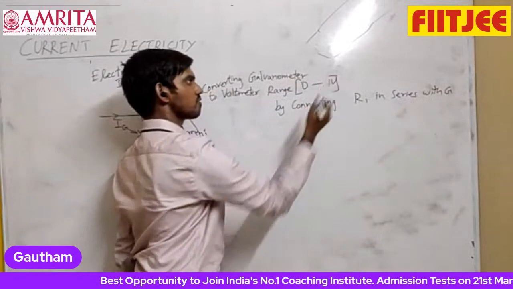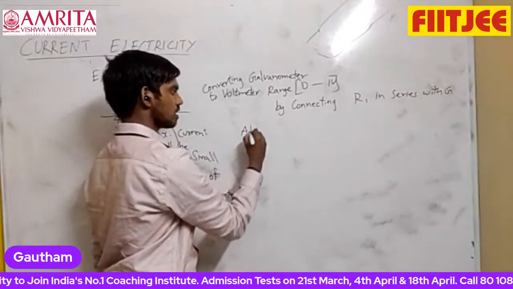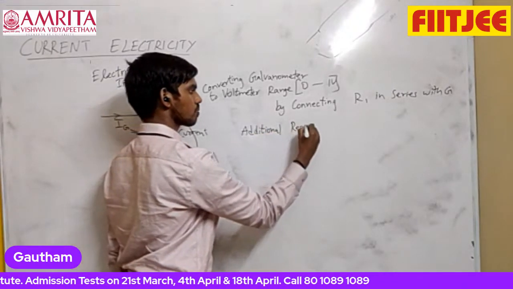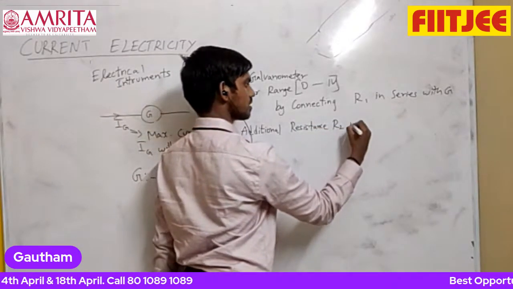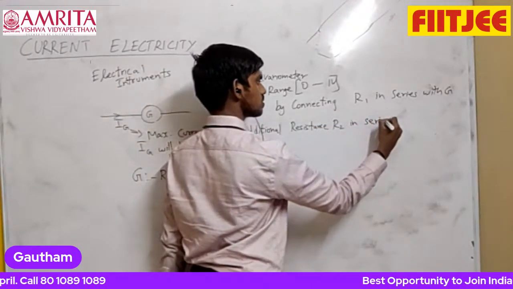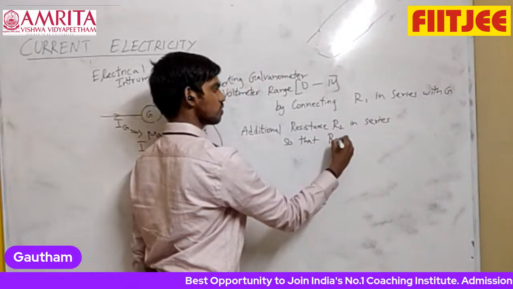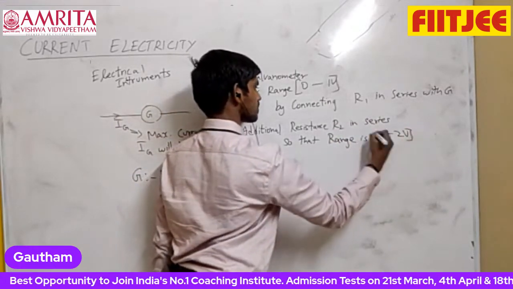And then they gave how much additional resistance you have to connect. So additional resistance R2 should be connected in series so that the range of the voltmeter becomes 2 volts. Up to 2 volts it can measure.